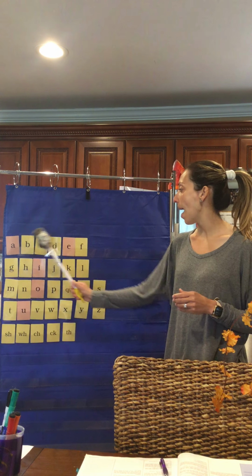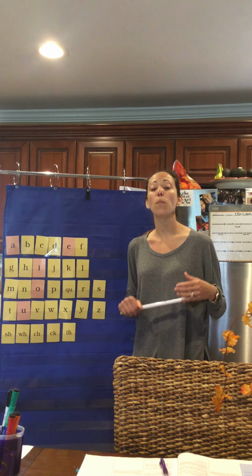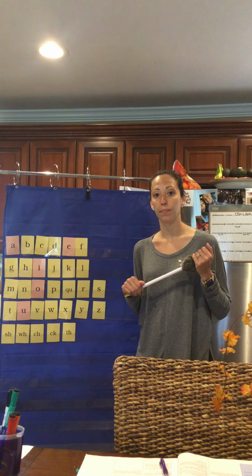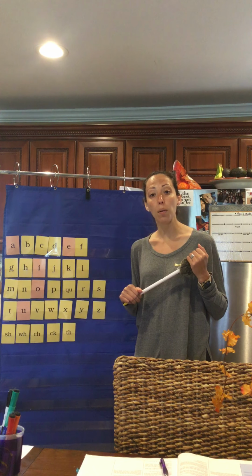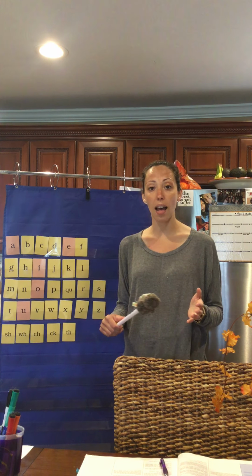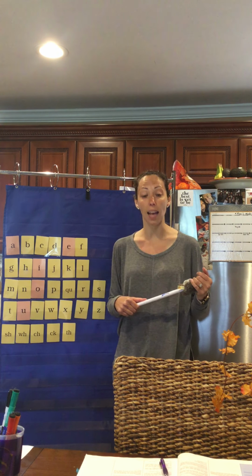Great job. A, E, I, O, and U. And why are vowels so special? You got it. Vowels are special because they make two different sounds: a long vowel sound, which says their name, and a short vowel sound, which says the sound.